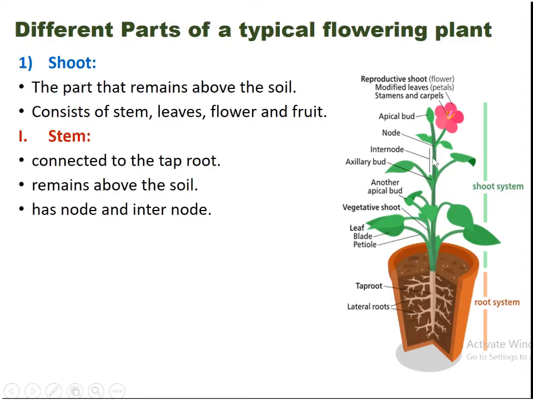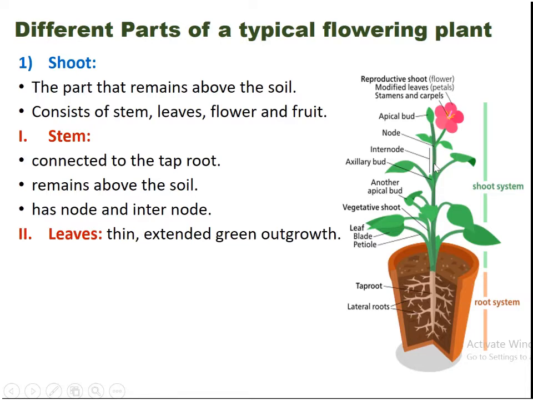Now the stem. This is the long straight portion of the shoot which is connected to the tap root and remains above the soil. This portion has nodes, and the region between the nodes is called the internode.